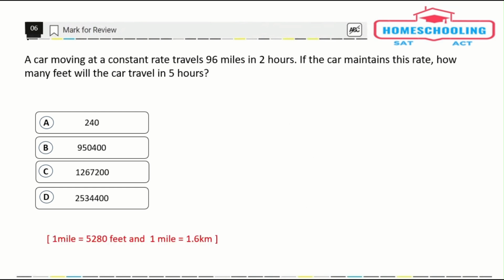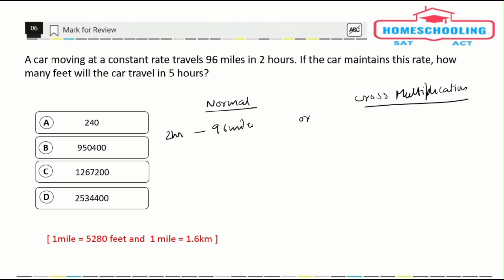In question number 6, it says that a car moving at a constant rate travels 96 miles in 2 hours. We can solve it by the normal as well as the cross multiplication method. So for 2 hours it covers 96 miles.